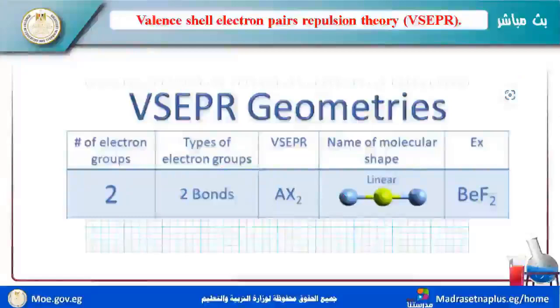The group number is 2 groups, types of electrons: I have 2 bonds. Now the shape is linear. This is BeF2, an example for the VSEPR geometry shapes.